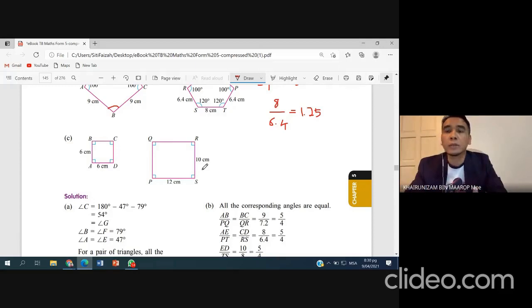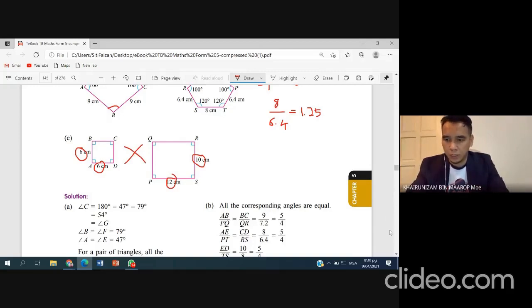But what about this side? If you look at this one, 12 and 6. The ratio is 2, isn't it? What about this one? 10 and 6. We cannot get 2, right? So these two geometric objects are not similar.